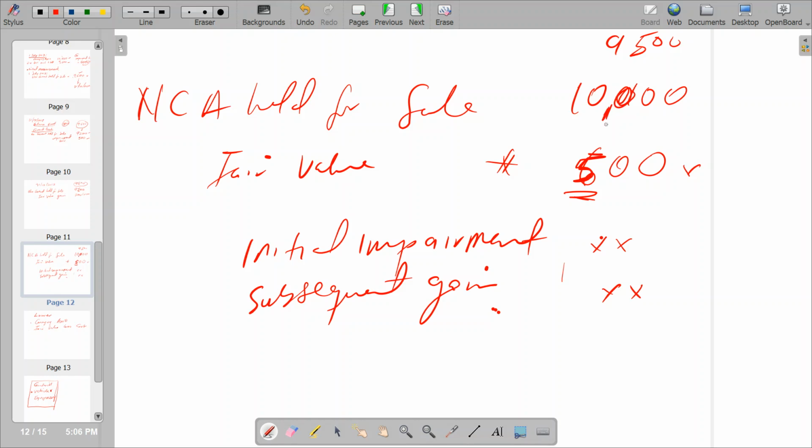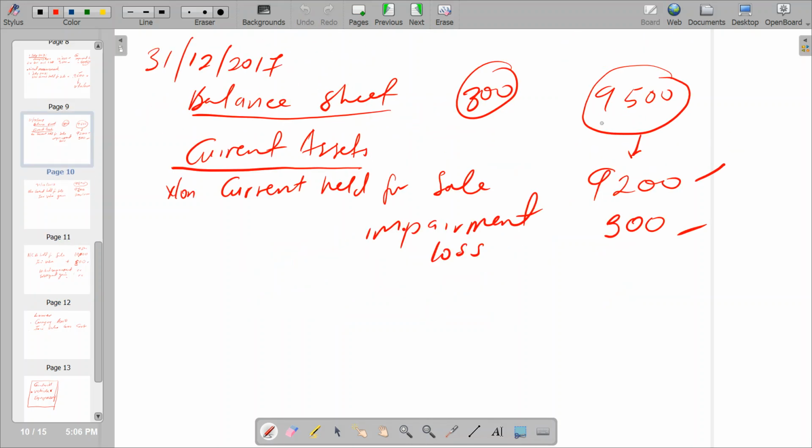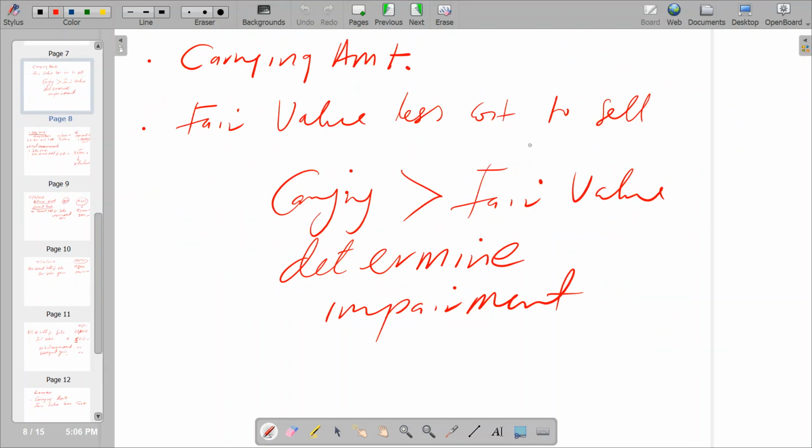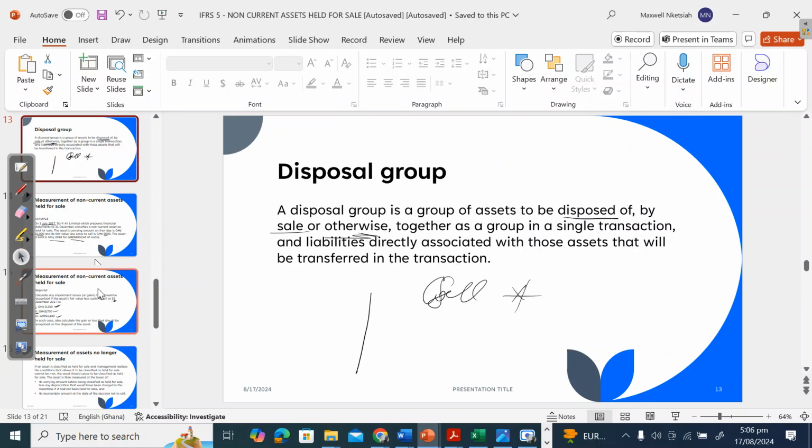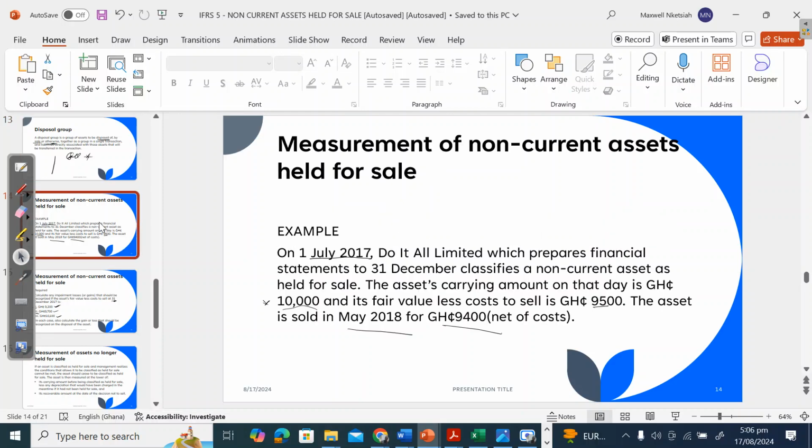Do you get it? That means the initial carrying amount was 10,000, right? From the question, the initial carrying amount was 10,000.